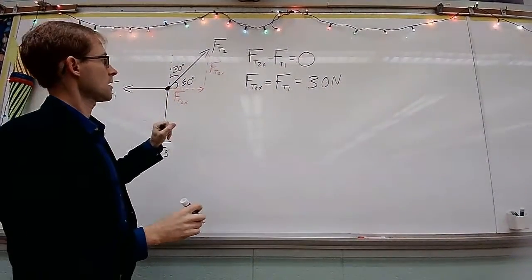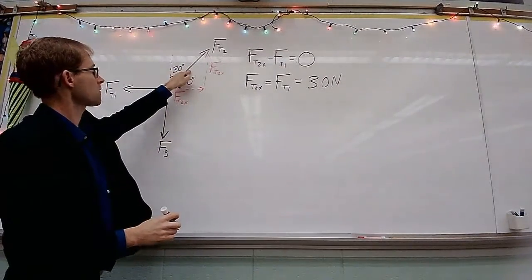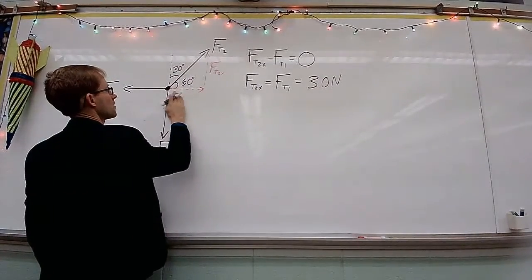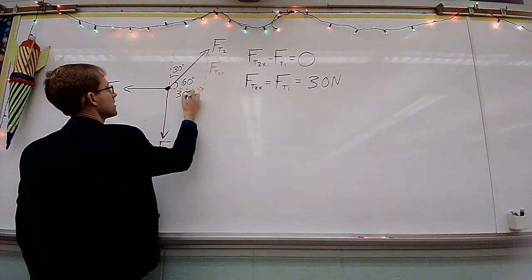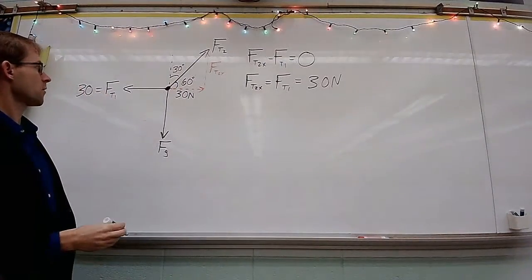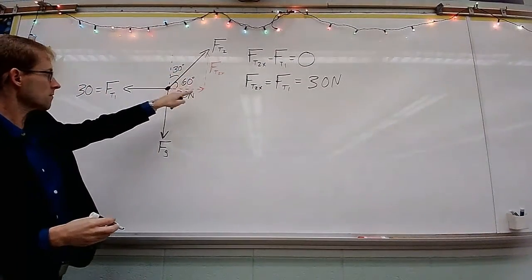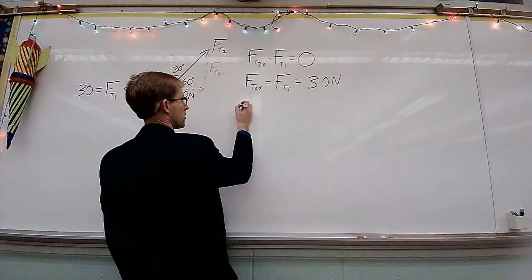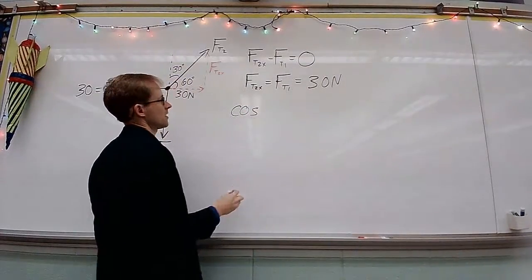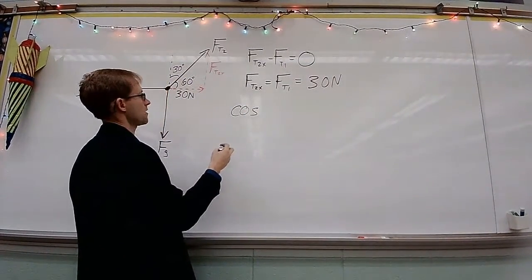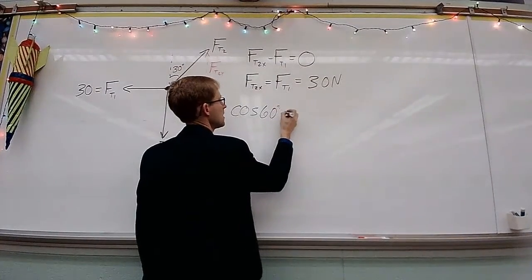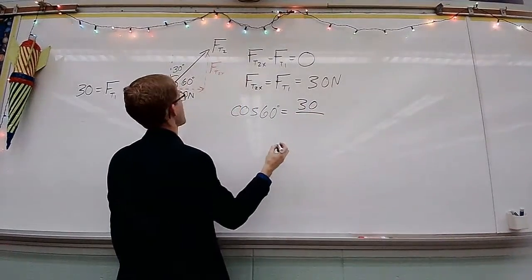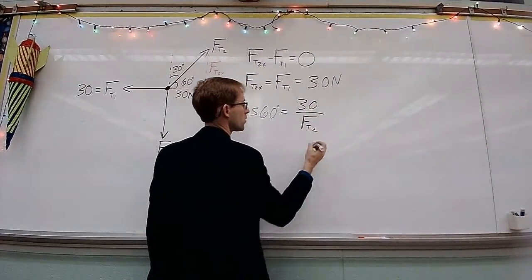So then, if I want to use that information to solve for FT2, it should be pretty straightforward. This is 30. 30 newtons is that side of your triangle. So, if I want to solve for the hypotenuse, and I have my adjacent side, I'm going to be using cosine, because cosine takes into account the adjacent side and the hypotenuse. So cosine of 60 is equal to adjacent, which is 30, over the hypotenuse, which is what we're looking for.